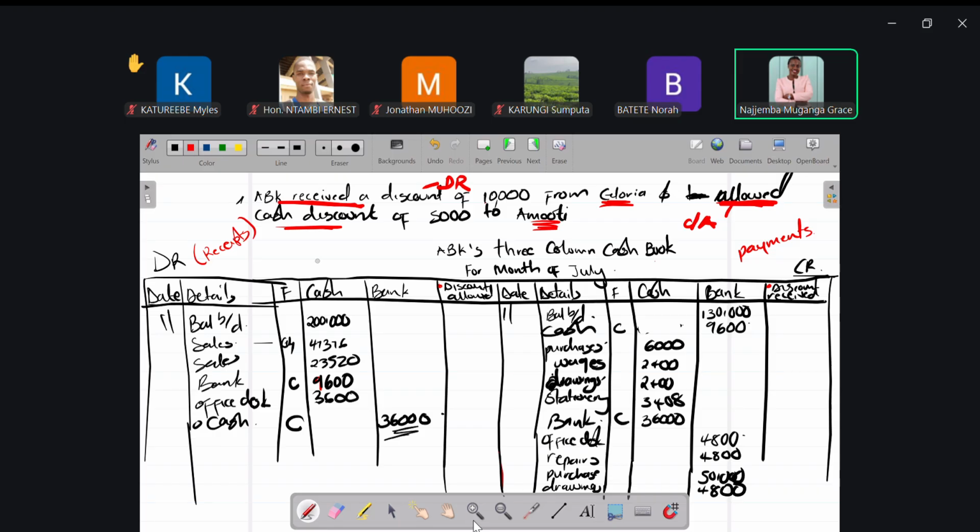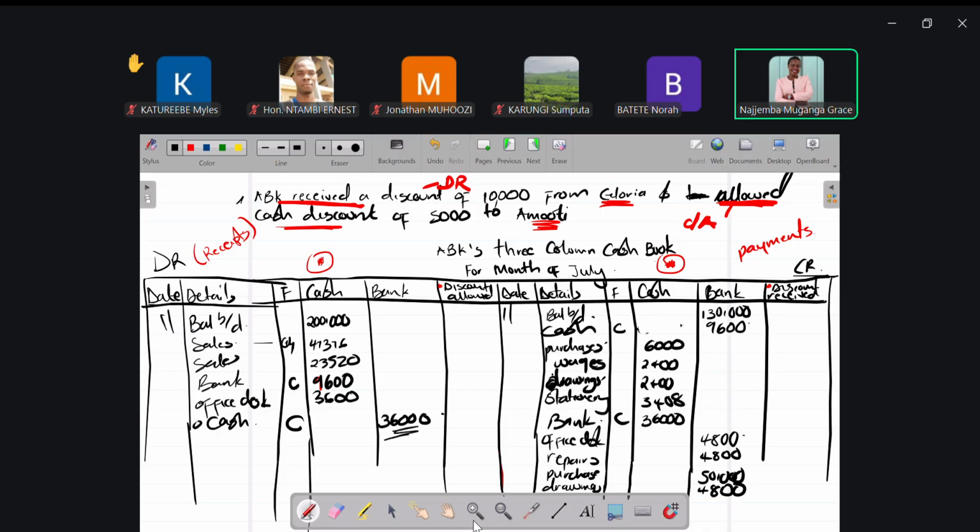Get the total on the debit, just like the other steps we have been following. Get the totals on the debit for cash and get the totals on the credit side for cash. Get the difference between the totals and let us post the difference on the side that is smaller.